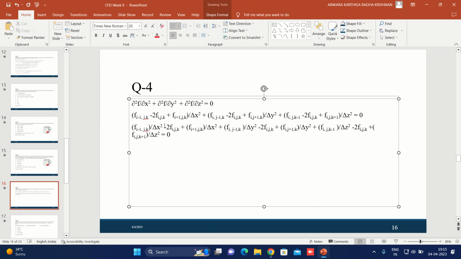So when we are combining the Fij terms, we have 1 by delta x square, and we'll remove all other terms.